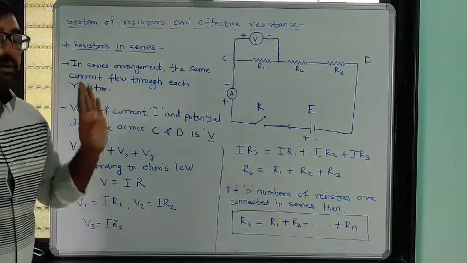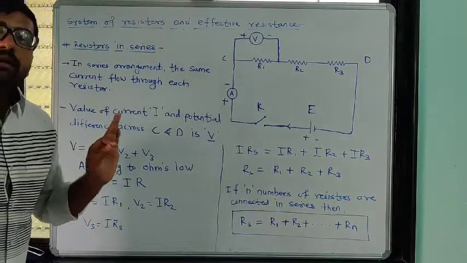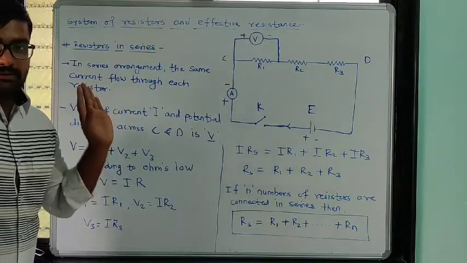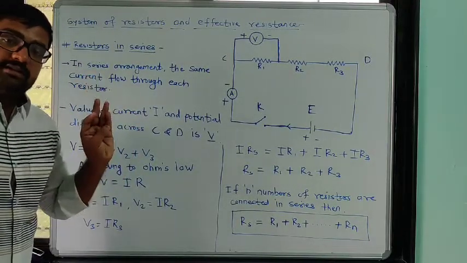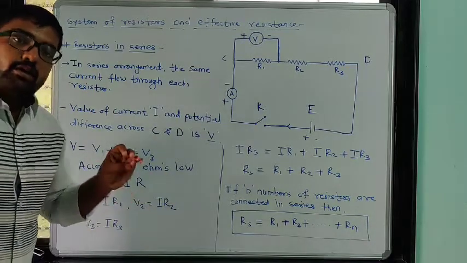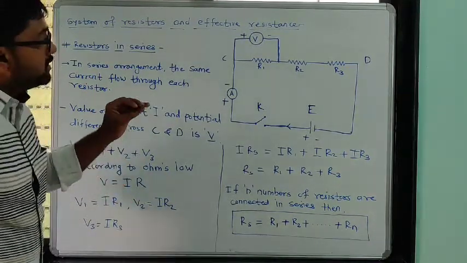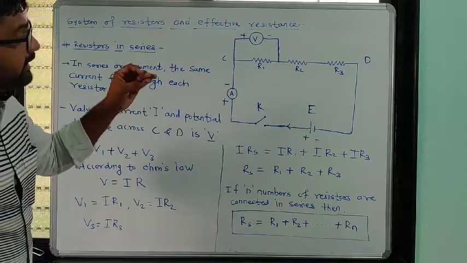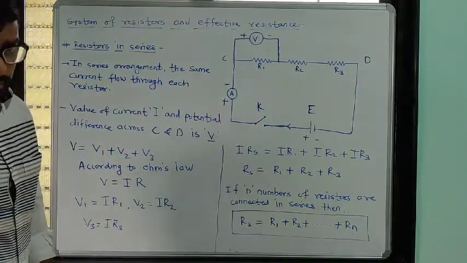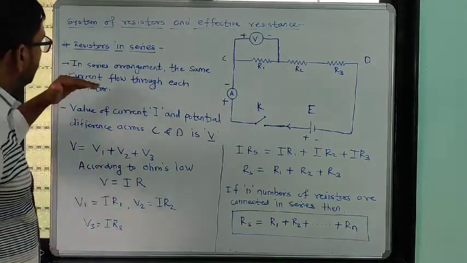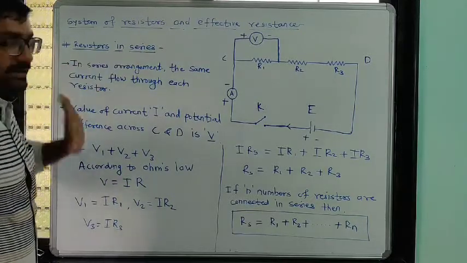And another way is the parallel connection of resistors. Both connections we can use in an electrical circuit. So now first we have to see resistors in series.